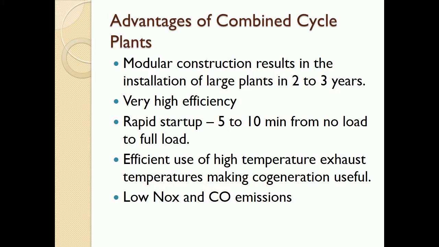They have rapid startup, 5 to 10 minutes from no load to full load. Efficient use of high-temperature exhaust temperatures making cogeneration useful, and low NOx and CO emissions. And here is one disadvantage. The operating cost can vary widely with the highly volatile price for natural gas.